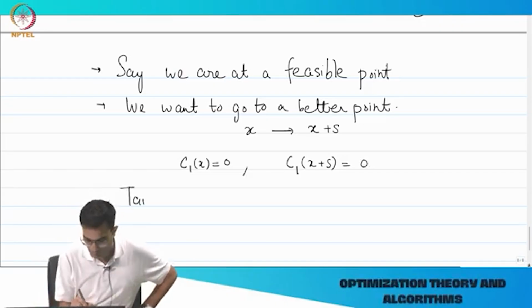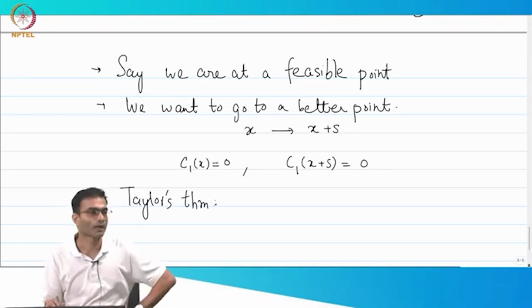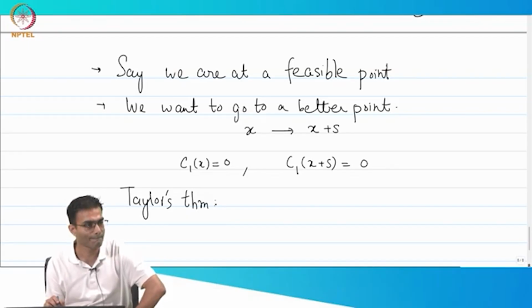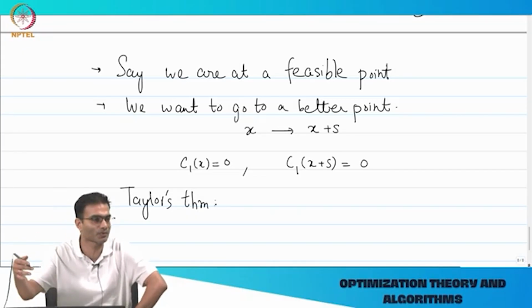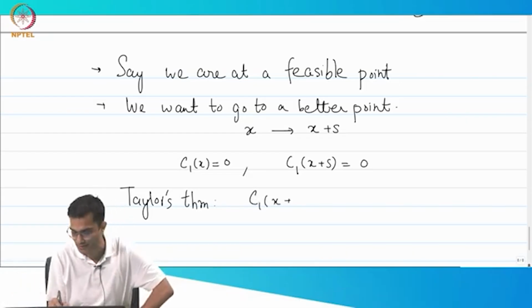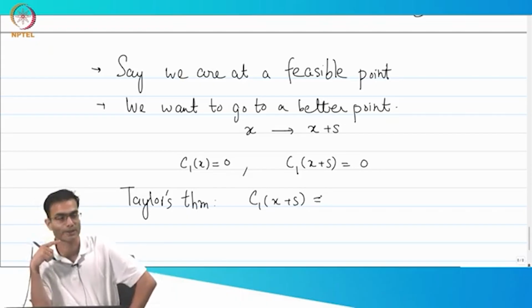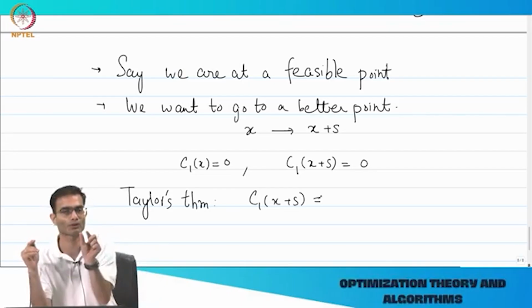Now comes our favorite Taylor's theorem. If I apply it to the function C1 of x, can I do it? C1 of x is some function, right? x1 square plus x2 square minus 2, it's a function. I can apply Taylor's theorem to it. So, C1 of x plus s, can you tell me what it will be? Remember, I want to make a small shift, so s is a small number comparatively.